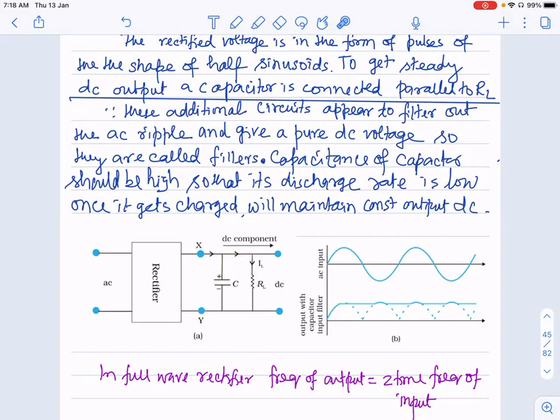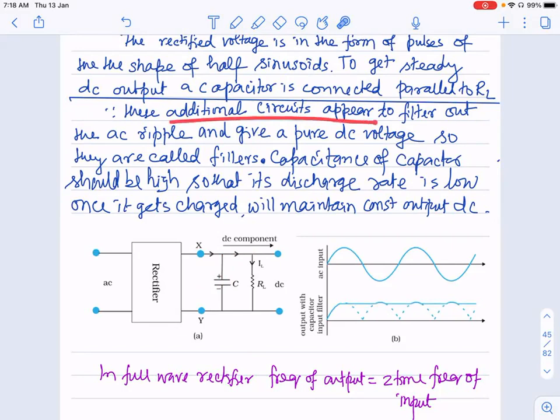Having high value capacitance, it will have sufficient charge, it will send the supply from its own and will maintain the constant output, and in between it will get charged if its charge is decreasing.